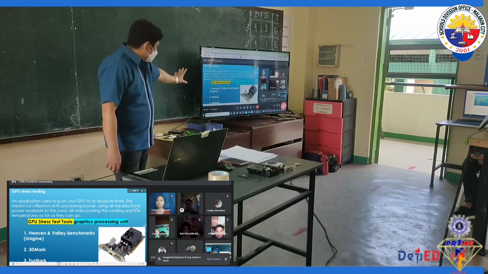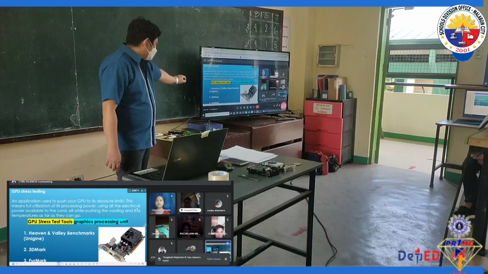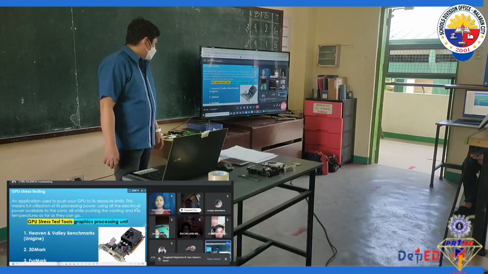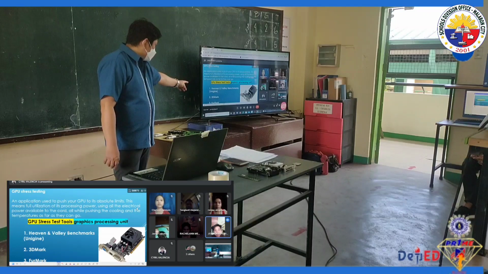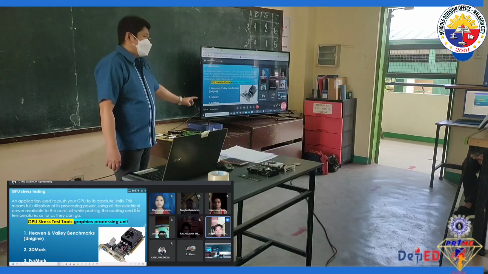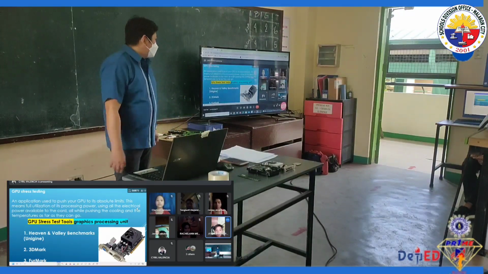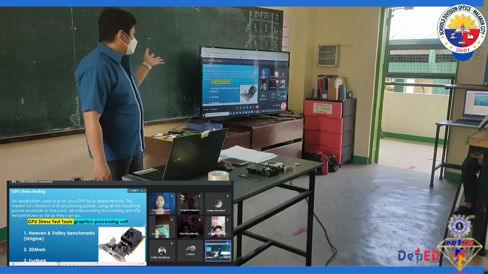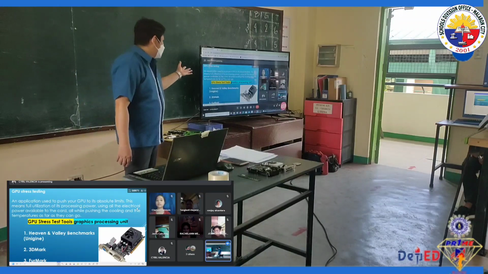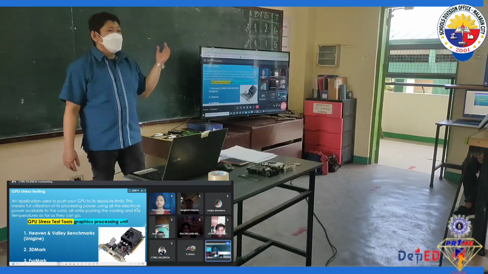Sir, ano yung mga tools na gagamitin para ma-stress test ang GPU? Yung Heaven and Valley benchmarks po, 3DMark. Okay, di ba gamer ka? So, once that you're a gamer, ang kailangan mo ay magandang GPU.